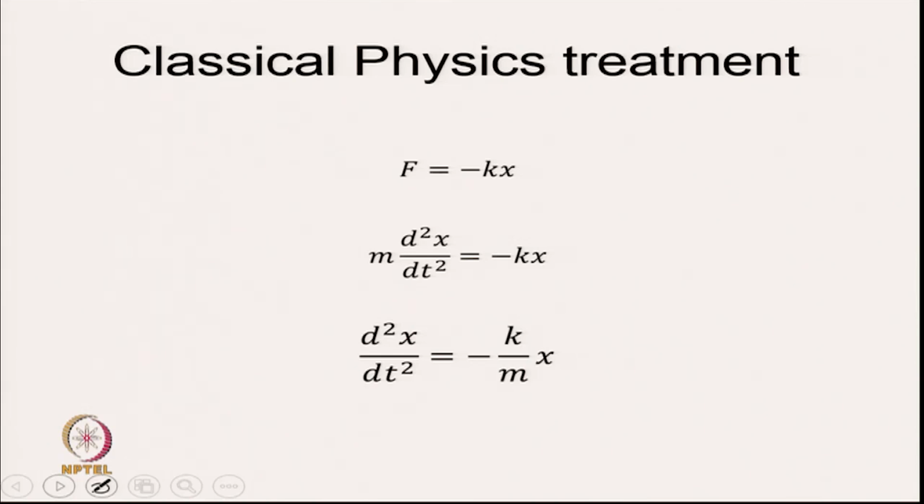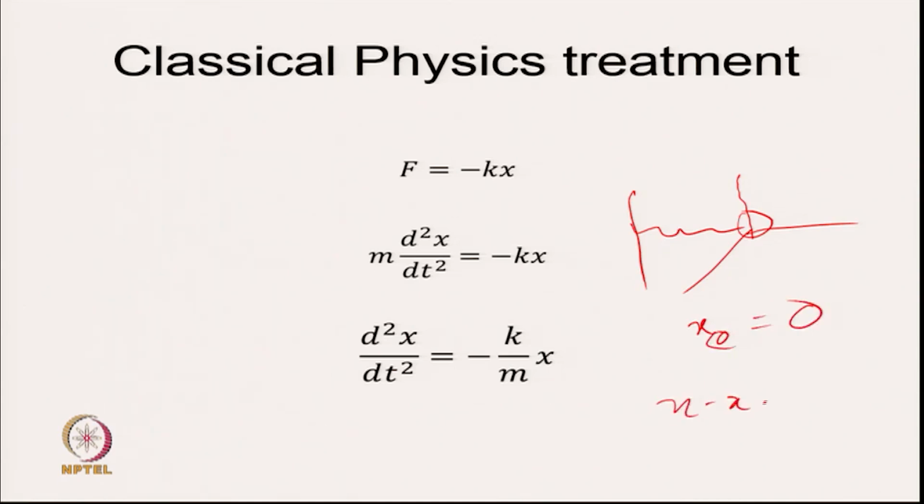Now just think about this. We have this system, and now I put my axis at the atom. In that case your xc will be 0, and then x minus xc will be equal to x, and in that case force will be given simply by minus k into x. We know that force is equal to mass into acceleration.